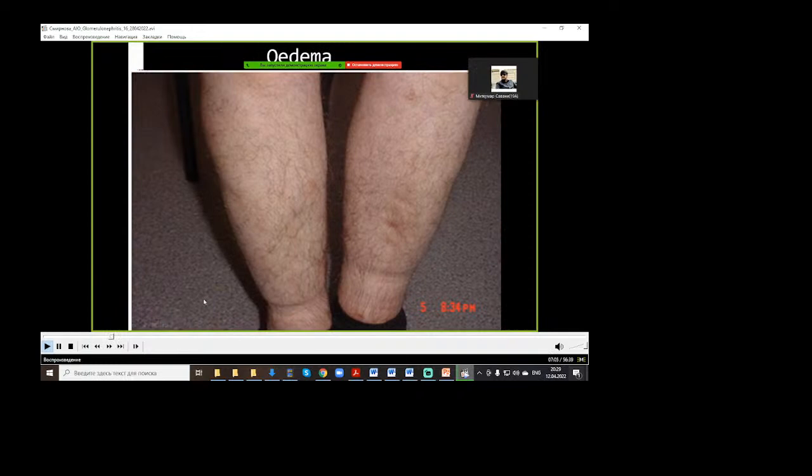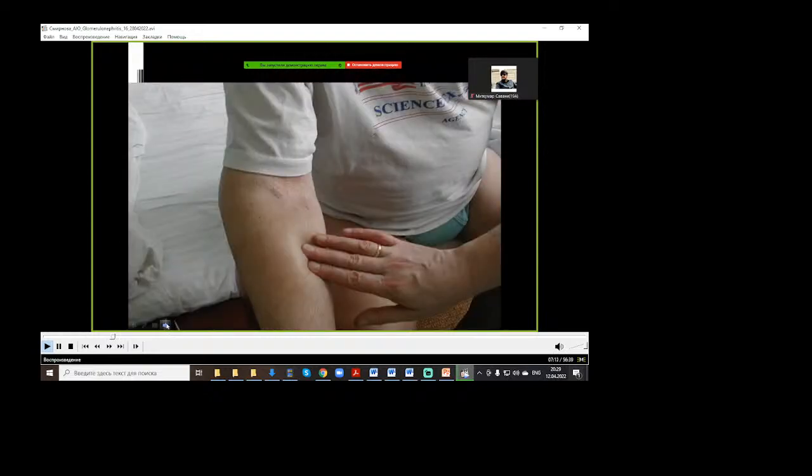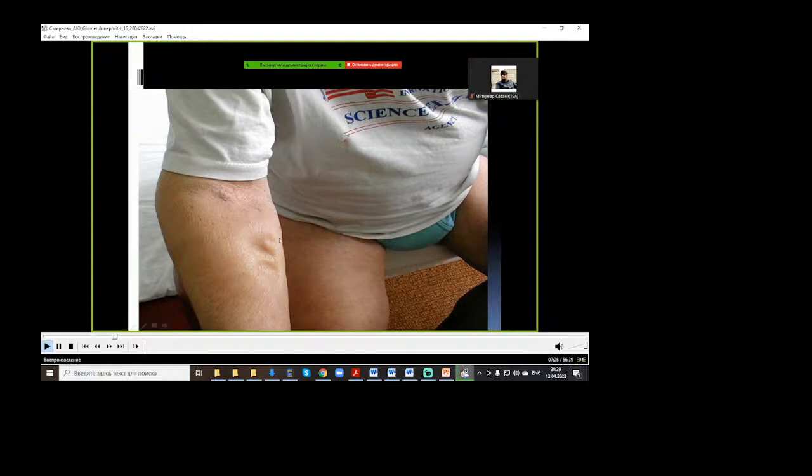This is checking of edema, leg edema, and traces of the socks. How to check edema? We must press the skin of the patient to the bone, for example, count to 10 seconds. Then, if you see the traces staying, it means that the patient has edema.